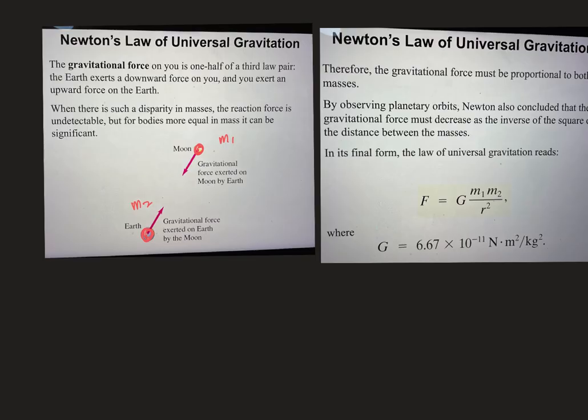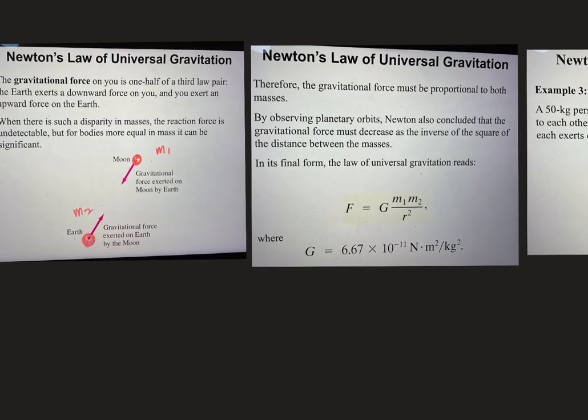Now, when you have a situation like this, they actually exert force on each other, and you can see that this force is pointed along the line that connects them. So I call this F21, and here I call it F12. The reason is that the force on the moon, which we called mass 1, is F12, and the force is there because of the earth, and the second force I called F21 because we called the mass of the earth M2.